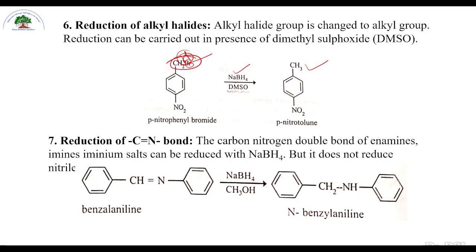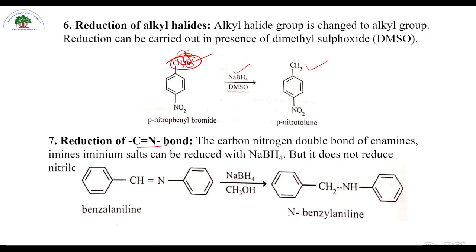Reduction of the C double bond N bond. The carbon nitrogen double bond of enamines and imine salts can be reduced with sodium borohydride, but it does not reduce nitriles.